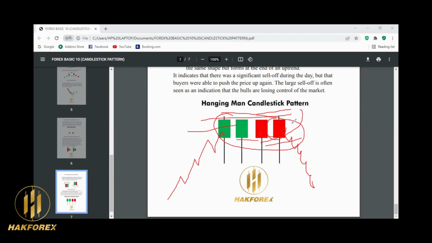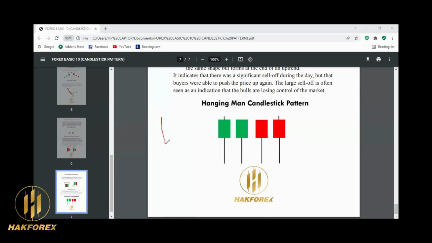Okay, so that is it, guys, on your candlestick chart patterns. Okay, let me give you guys a bonus tip also. There is one other candlestick pattern we didn't write in this book. So let us say the market is coming down, and you now saw a kind of bullish candle.